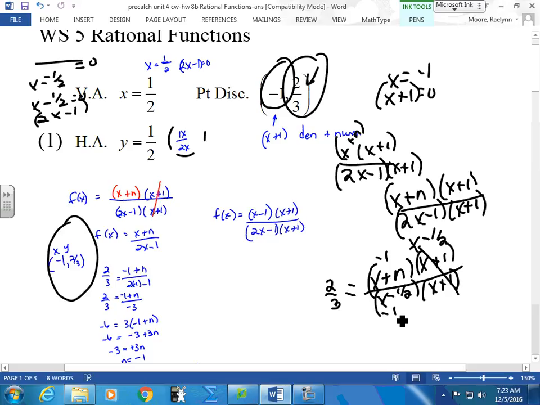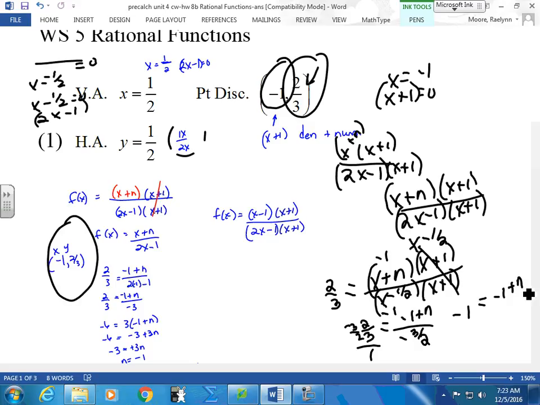So did you get negative 3/2 down here, over negative 1 plus n? And then what did you do? You multiplied both sides by negative 3/2. Okay, so put this over 1 and multiply both sides by negative 3/2. And that should take that out and make this a negative 1. We got a negative 1.